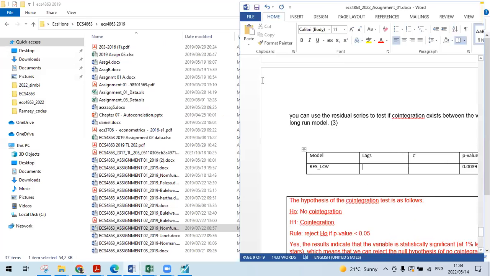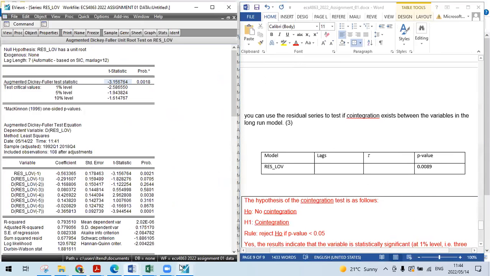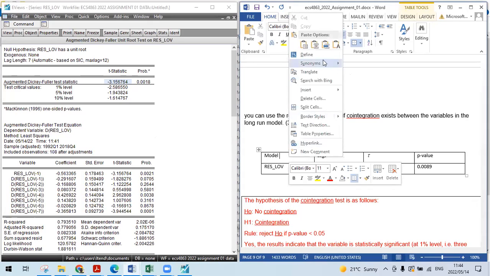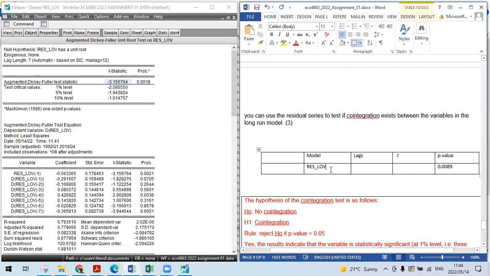Guys, are you seeing the Word document? Yes. Okay, great. We need this. Just put this, it will be easy to present your results. Let me add something. Sorry for that. I want to insert a column up to the left.